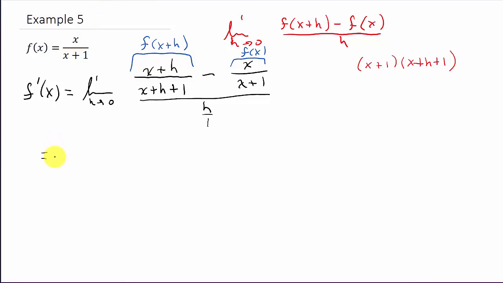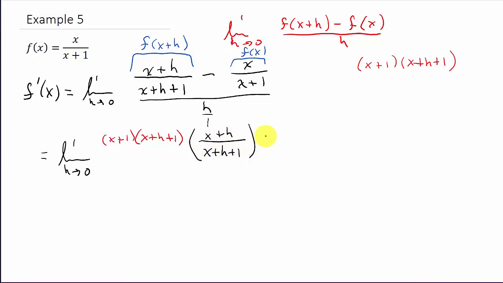So I get the limit as h goes to 0 of the common denominator, x plus 1 times x plus h plus 1, times this term, x plus h over x plus h plus 1, minus the common denominator, x plus 1 times x plus h plus 1, times this term, x over x plus 1.